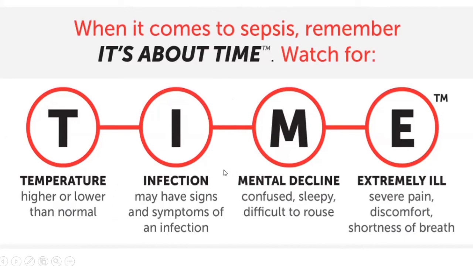I stands for infection; there may be signs and symptoms of infection, and we have to watch for it. M is for mental decline, so usually these patients could be confused, sleepy, or difficult to rouse. And lastly, E, which is extremely ill, we have to watch for severe pain, discomfort, or shortness of breath.